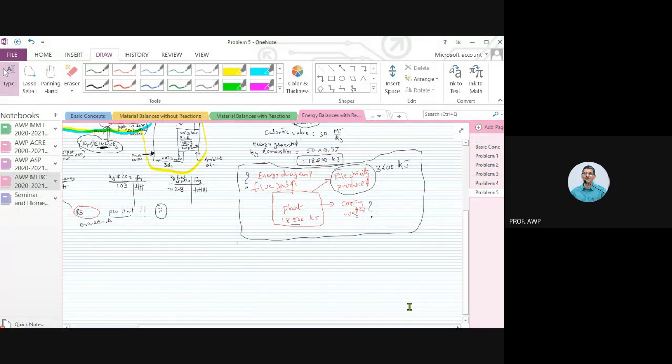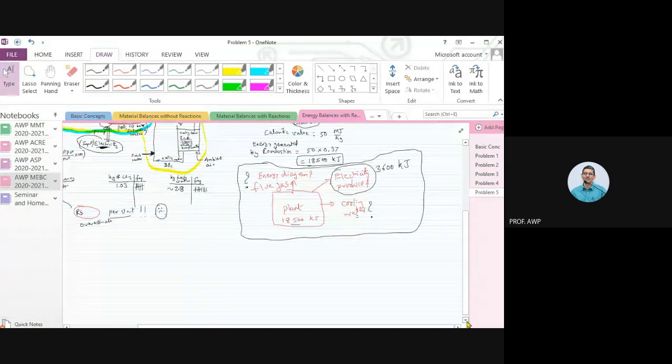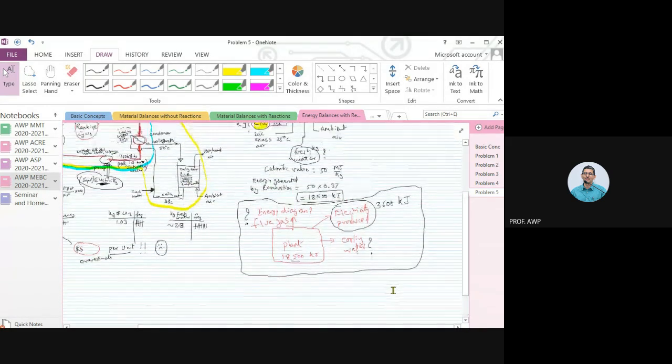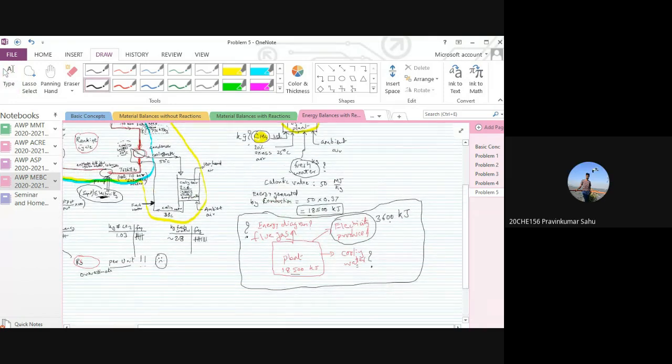Nishant, Praveen, quickly tell me how much is going in cooling water? Sir, 11,000. 11,000 kilojoules, right? And the rest, 3,400 kilojoules, is going in this flue gas. Yes or no?